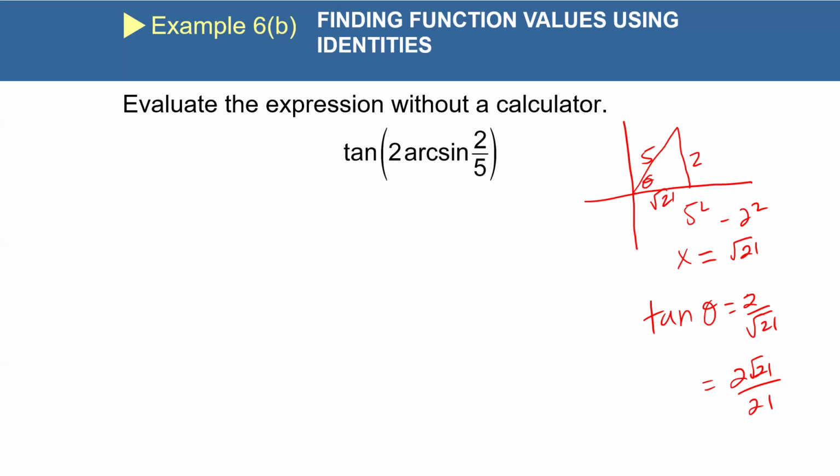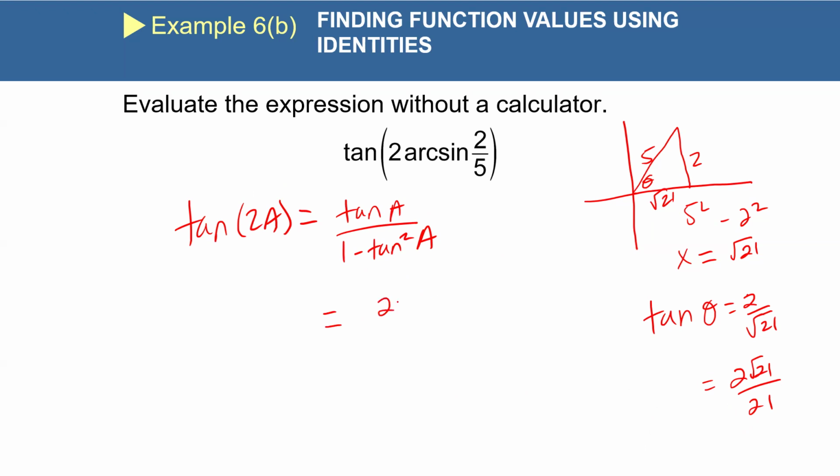And then what did you say the double angle rule for tangent is? So tan 2A equals what? What did you say? 2 tan A, and then 1 minus tan squared A. So you have your tan of your theta, and you're plugging it in and cleaning it up.